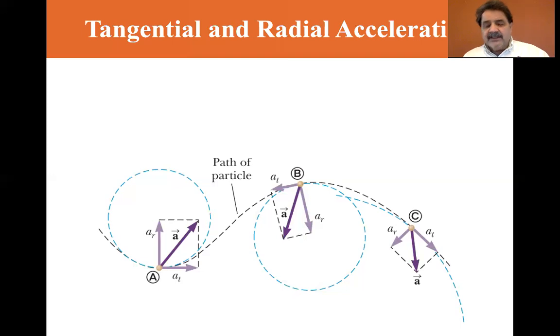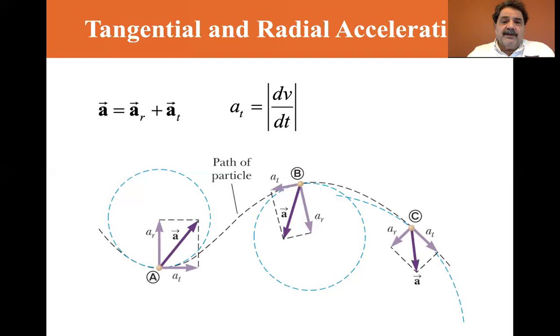Or the radial acceleration, as they have put here, a_r. The radial acceleration is inward. It is the centripetal acceleration, but the total acceleration is the sum of those two vectors at every point, at point A, B, and C. So the total acceleration, a, is equal to a radial plus a tangential, the radial acceleration plus the tangential acceleration. The radial acceleration is the centripetal acceleration.